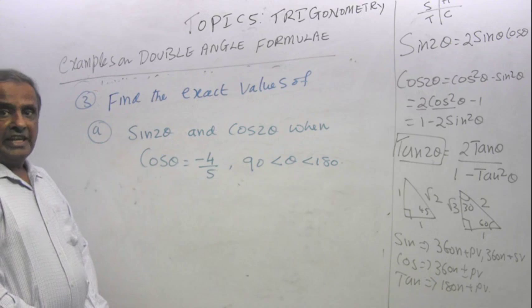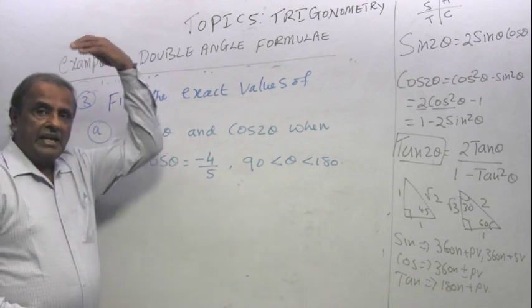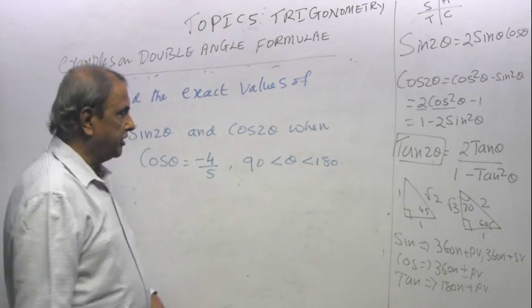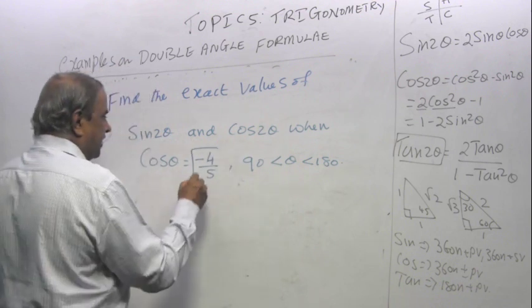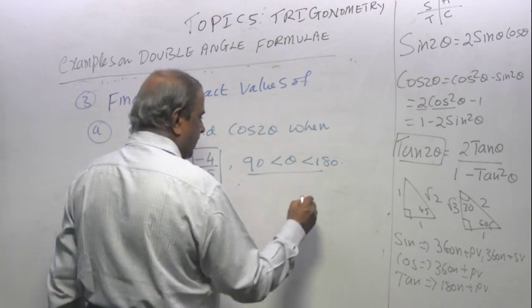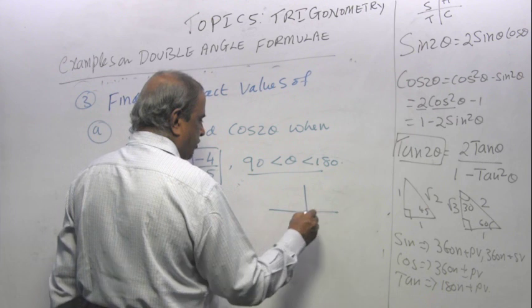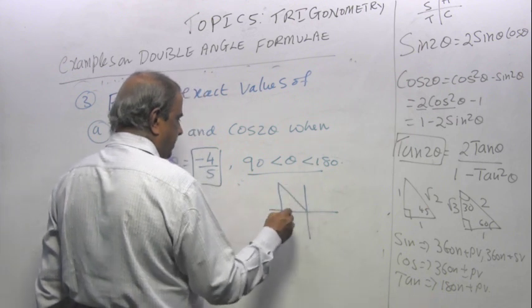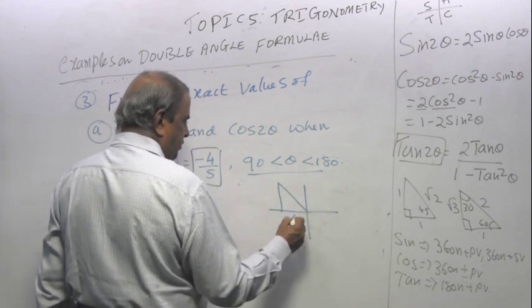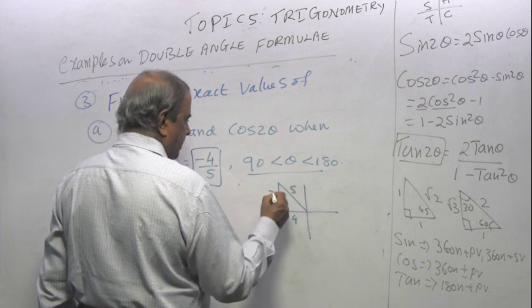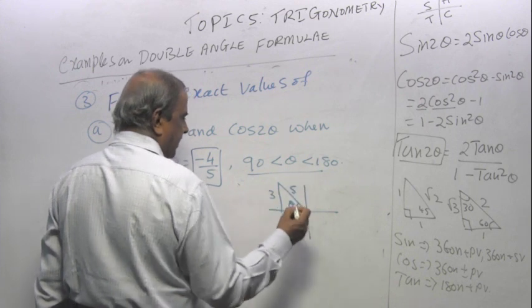Remember, we did questions like this in compound angles. When I taught you basic angles, I taught you this as well. Cos is negative. It's in the second quadrant. So if you draw the triangle like that, this is minus 4, that is 5, that is 3, that is theta.